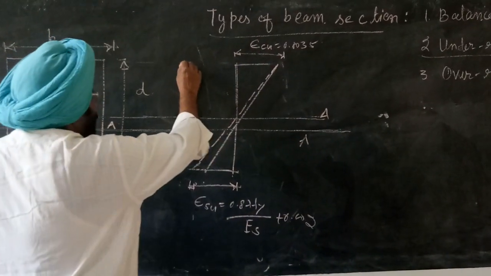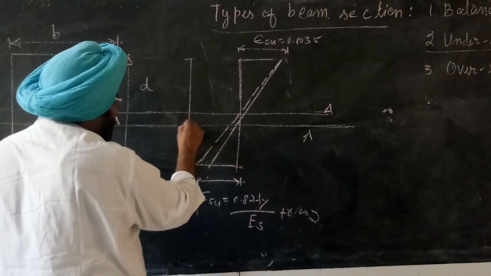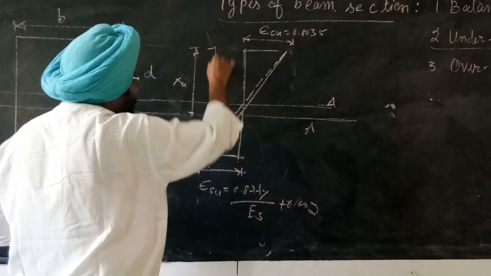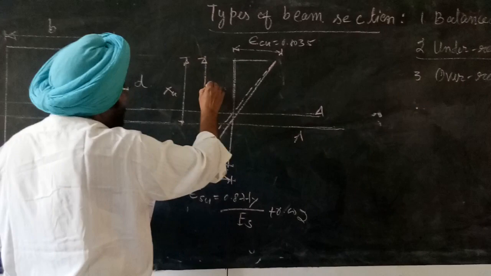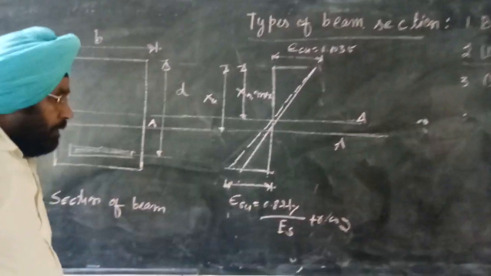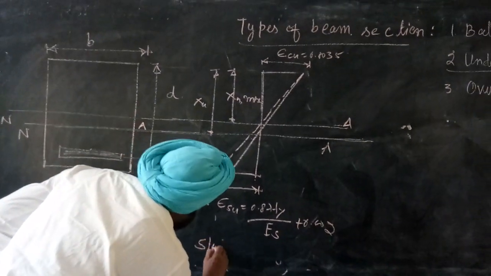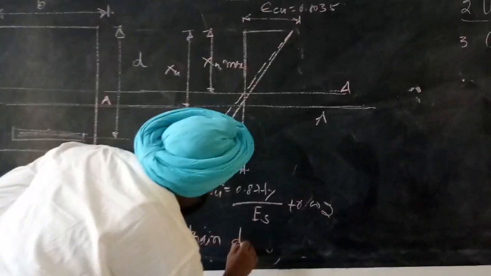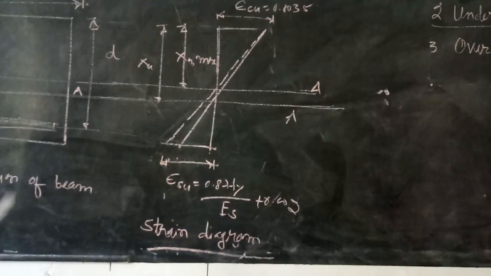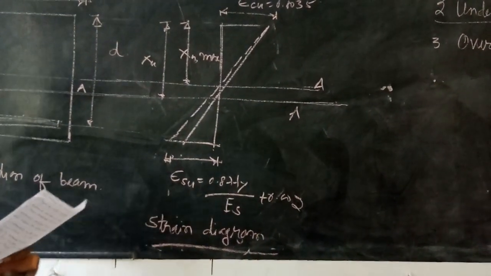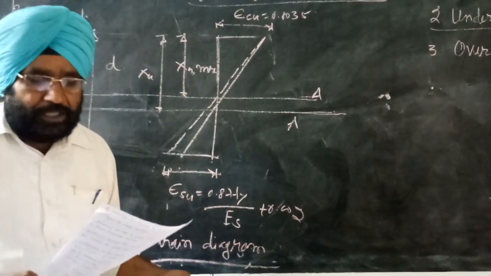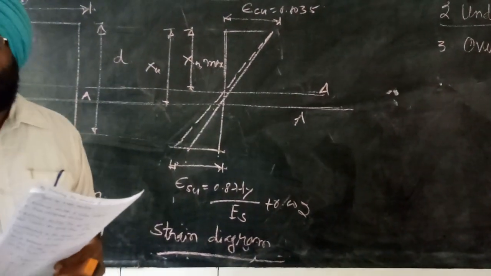This is the actual depth of the neutral axis xu, and this is the depth of the neutral axis for balanced section. So this is the strain diagram of over reinforced beam section. Over reinforced section is the section in which the failure strain in concrete reaches earlier than the yield strain of steel.